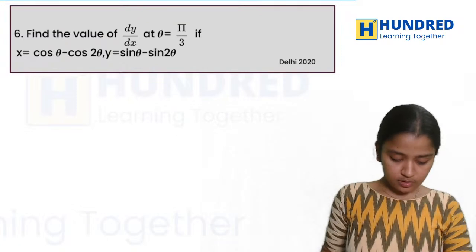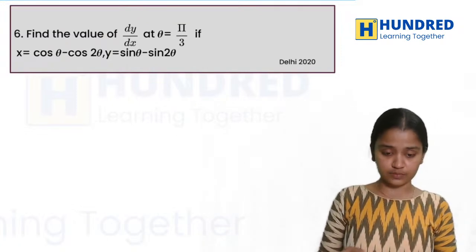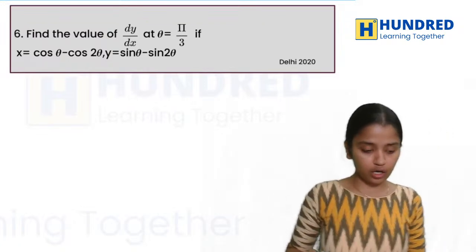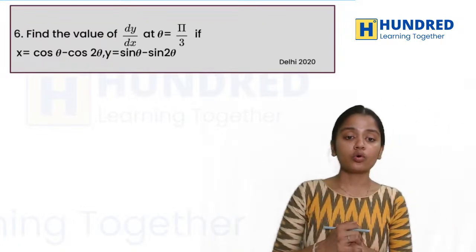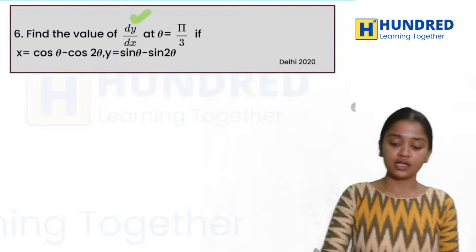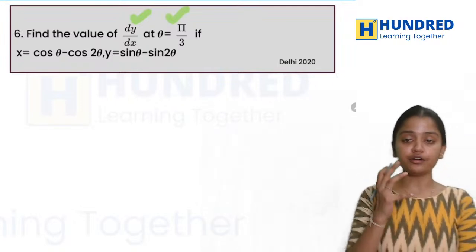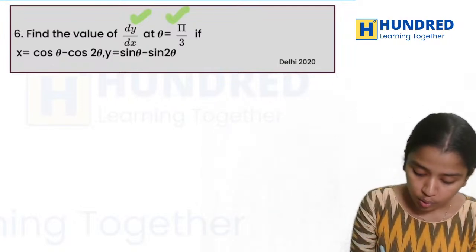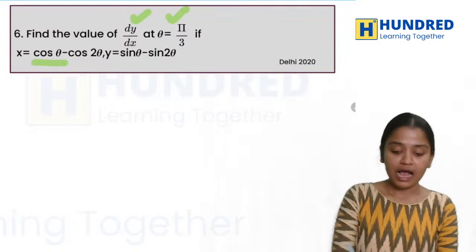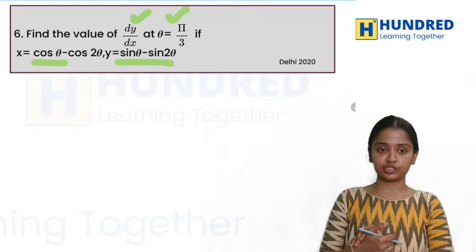Okay, so the next one, this is asked for 2 marks. In the question you have to find your dy by dx at theta is equal to pi by 3. Now I'm having my x and y, so you have to use parametric differentiation here.